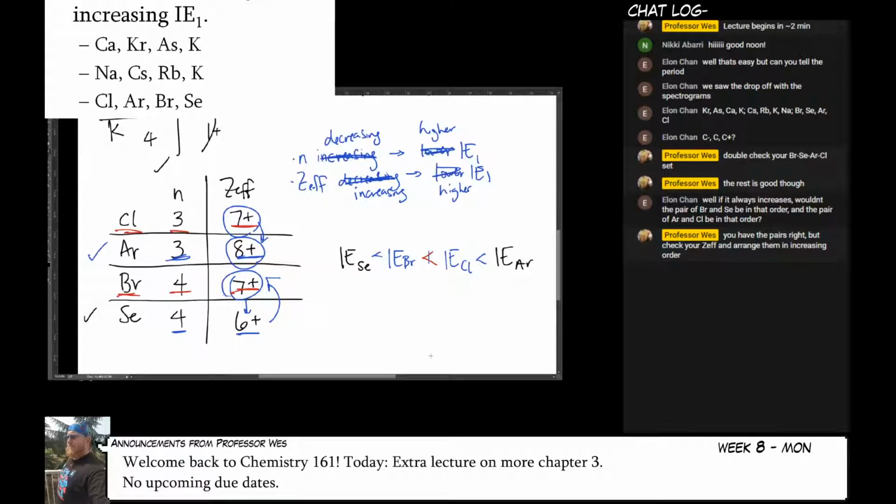So you can deduce each one in pairs, and then there's only one way you can arrange them, because this relationship is true, this relationship is true, and this relationship is true. Therefore, I must arrange them in this order. I can't swap any two without breaking a rule somewhere. So there's not going to be some weird exception where bromine is lower than chlorine, but it's also lower than selenium.